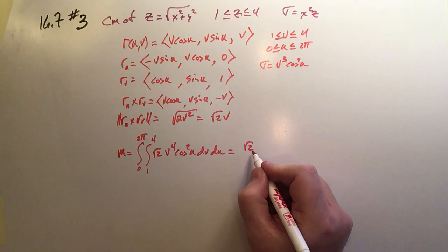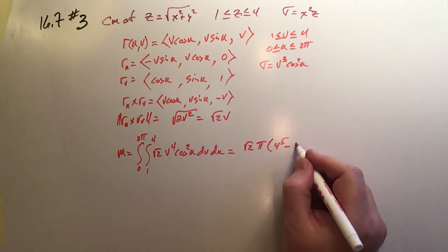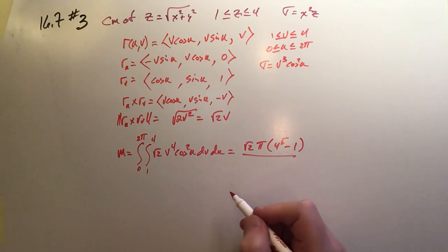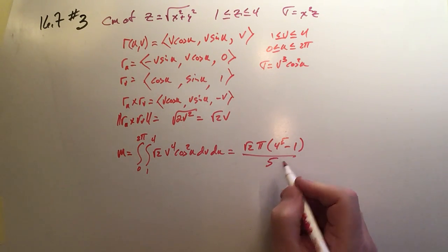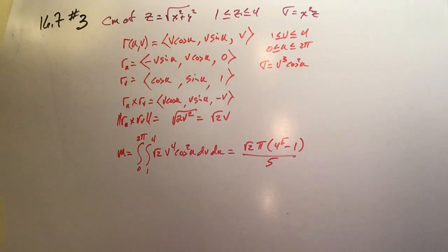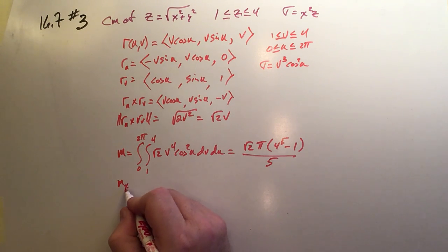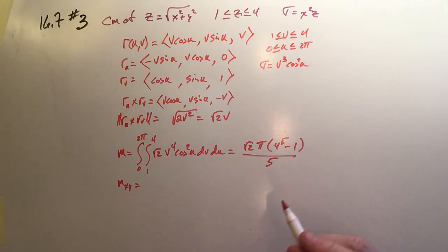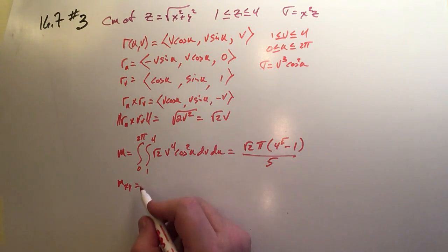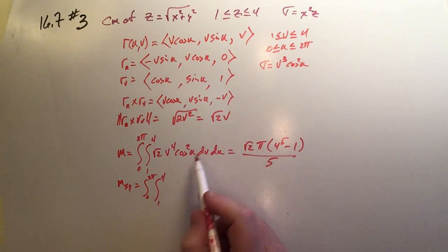This gives me radical 2 times pi times 4 to the 5th minus 1, and we'll eventually work that out, over 5. And then once again, this guy, because it's an upward opening cone, is symmetric in x and y, so I only need m x y. I just need the z part of the moment. It's going to be the same integral, 0 to 2 pi, 1 to 4, and then the whole argument is the same.